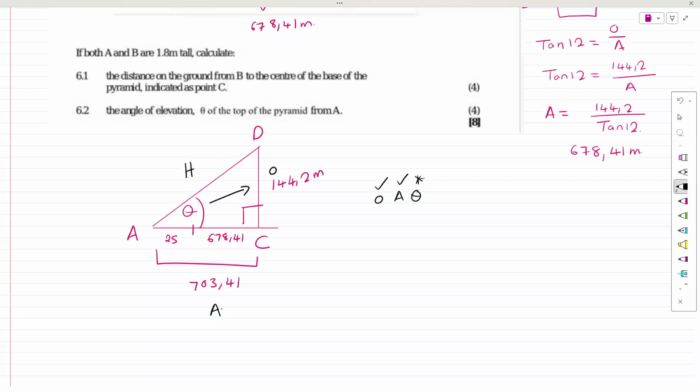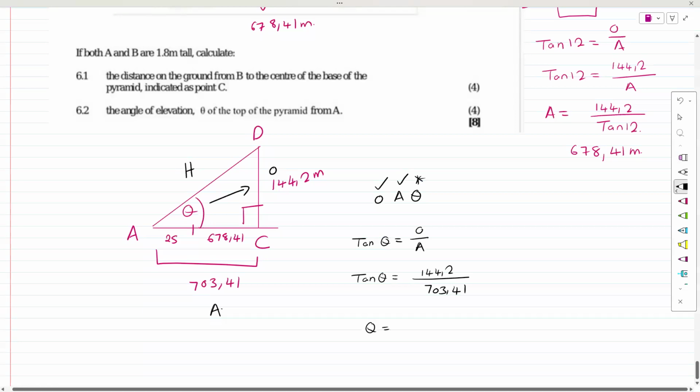Always double check, it's very easy to make mistakes. That's tan. Tan of theta equals opposite over adjacent, so tan of theta equals 144.2 over the adjacent, which is 703.41.